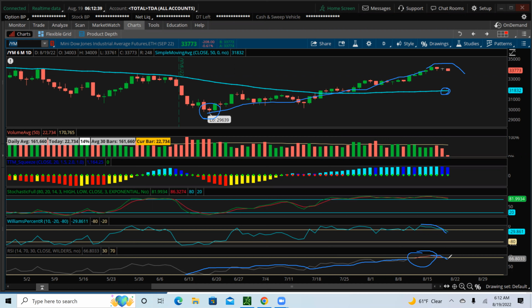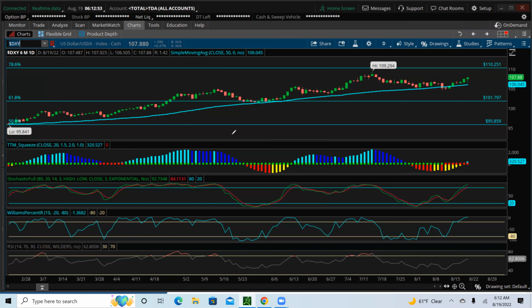So as you can see, as the market starts to show signs of weakness, the DXY is starting to show signs of strength and a possible move higher.